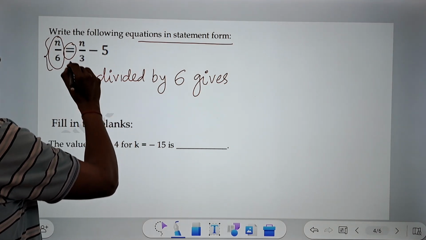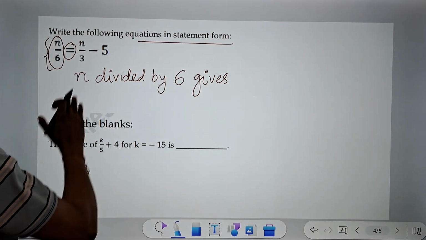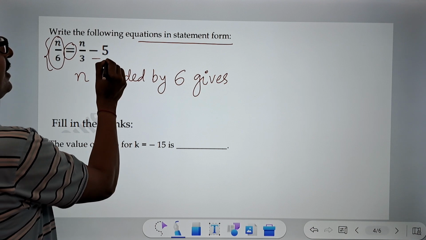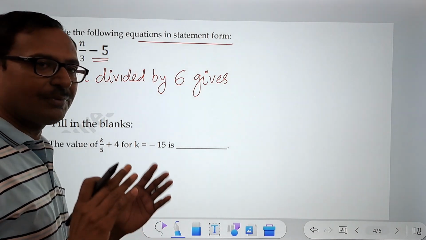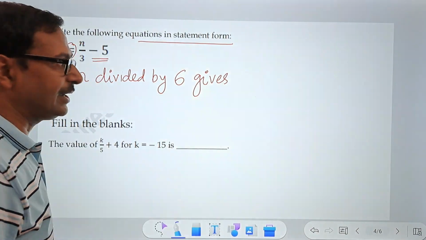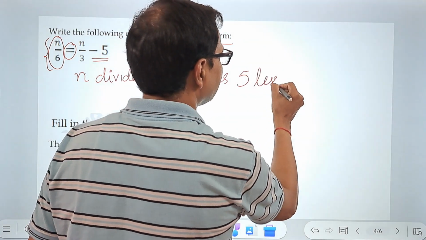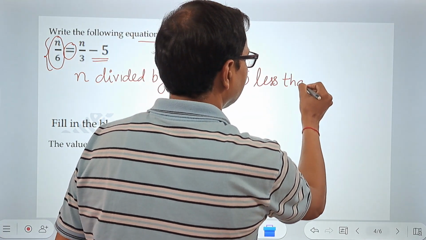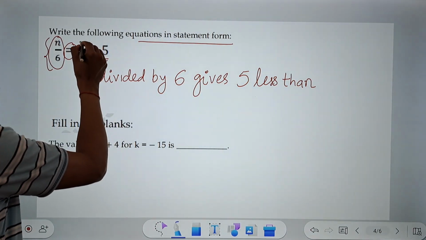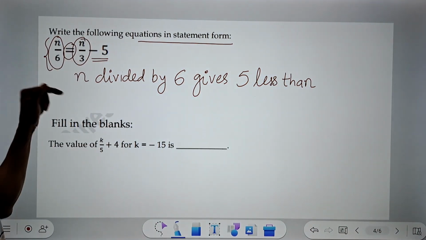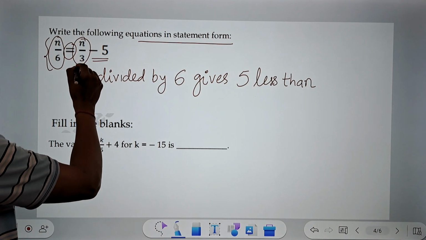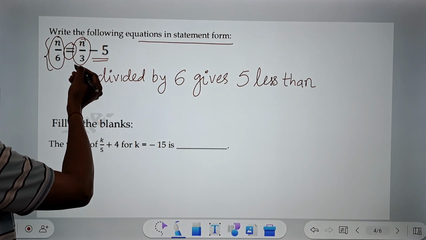How do you write n upon 3 minus 5? Gives 5 less. Minus 5 means 5 less than something. You can write n upon 3 as n divided by 3, or you can write the quotient of n and 3.